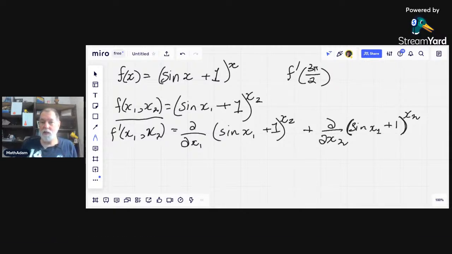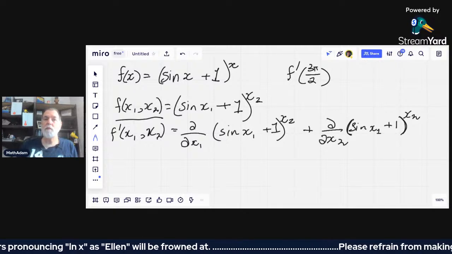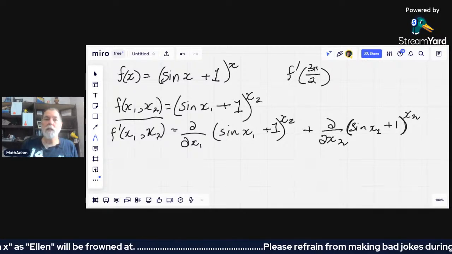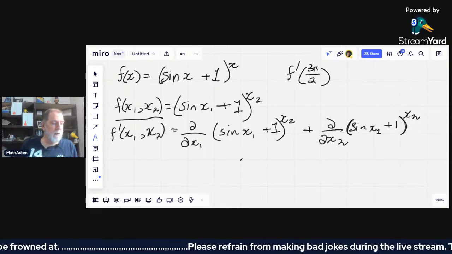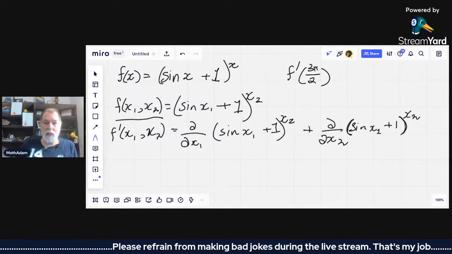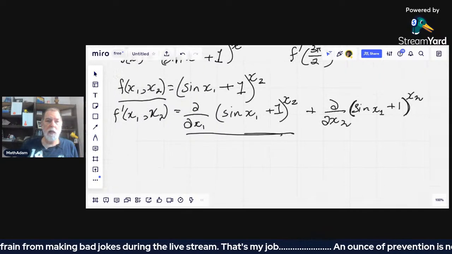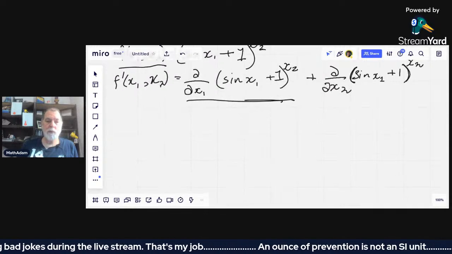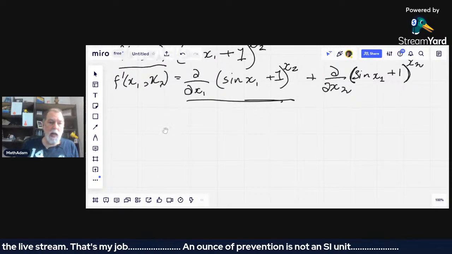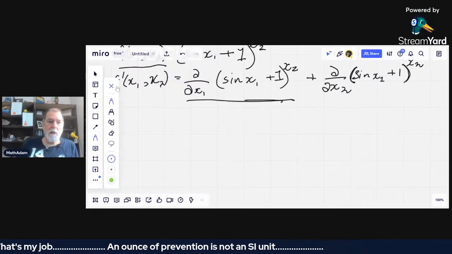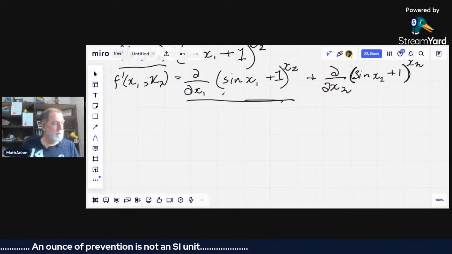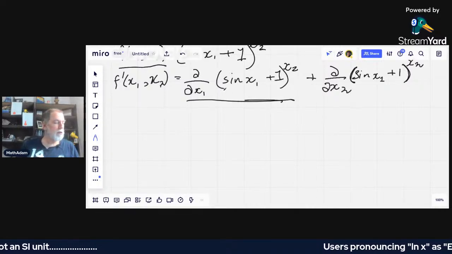Alrighty, so let's roll with that. So the first part, let's look at this bit right here. I actually made notes. All right.